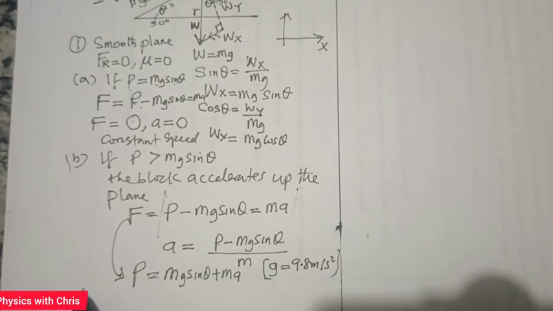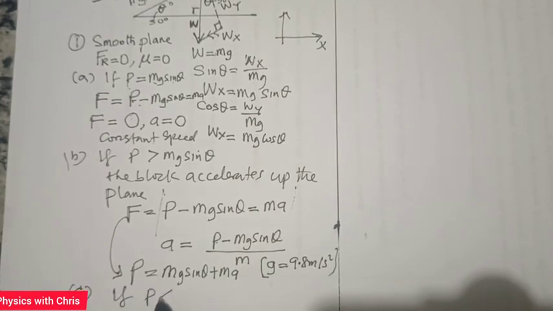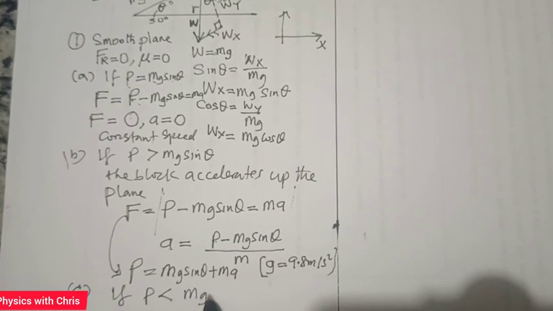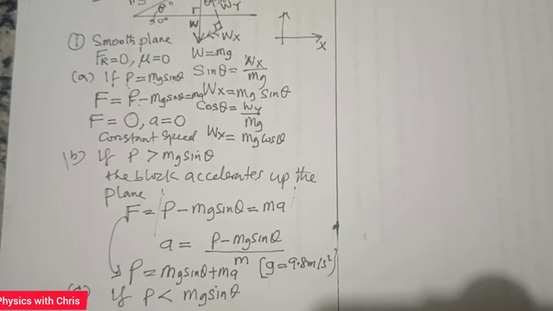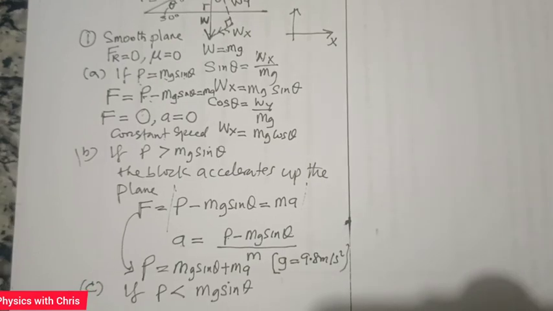Okay, so let's say the third case, case C, if the force P is less than mg sine theta. Now, in this case, we still see that this block is in motion up the plane. It's still going up the plane. It's not a case where the force P is equal to zero or the force P has been removed. No, the force P is still being applied to the block.